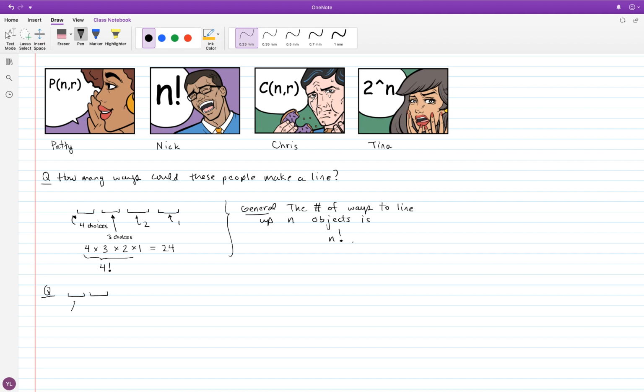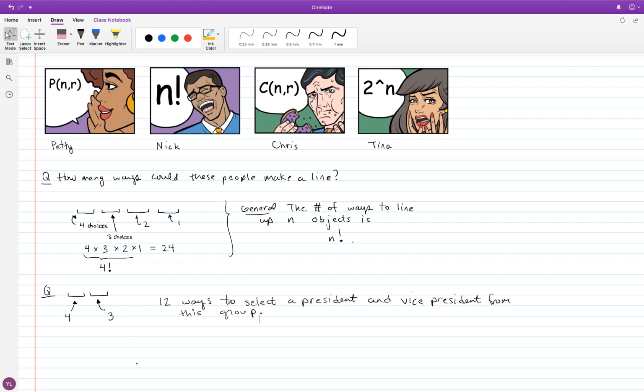President is put to the left, and vice president to the right. I have 4 choices for who's going to be president, and at that stage I'll only have 3 people left to choose for vice president. So there are 12 ways to select a president and vice president from this group. I forgot to write the question.